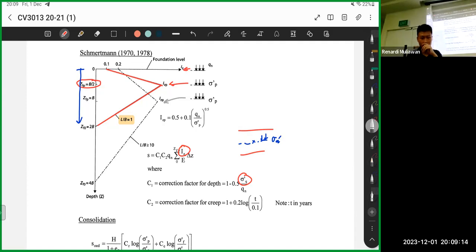Thickness 5 feet. Okay. Sorry, this one I think I need to review also.